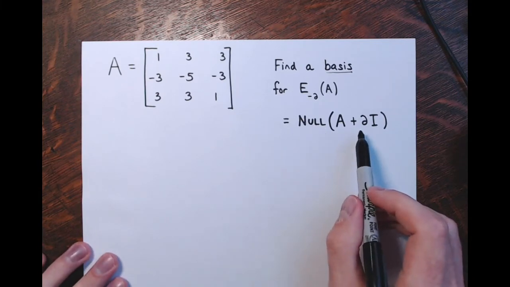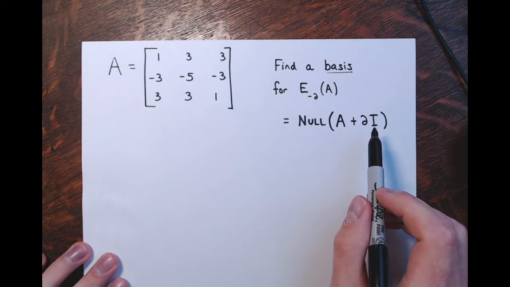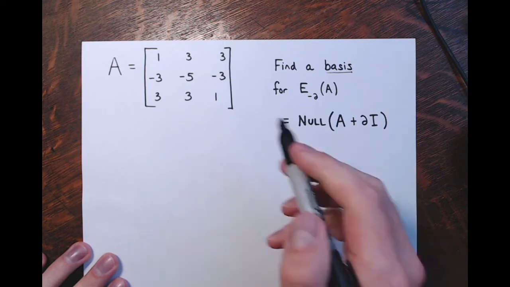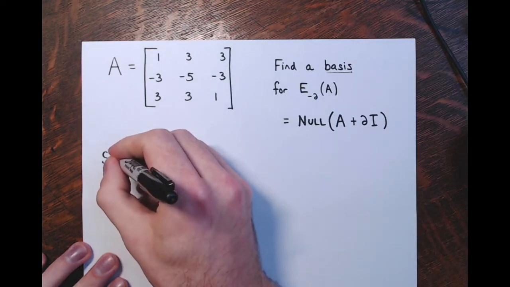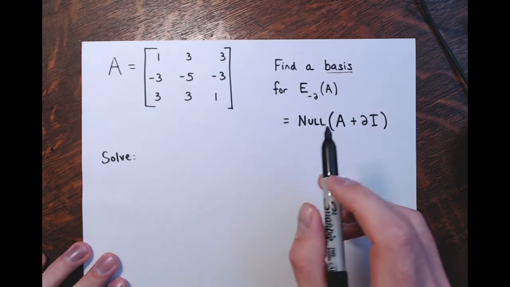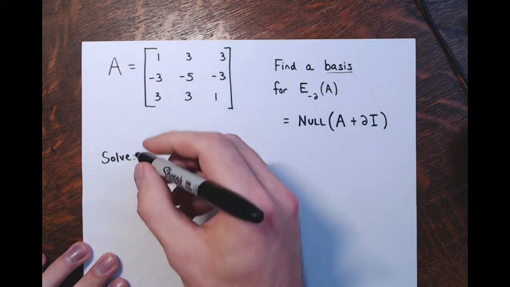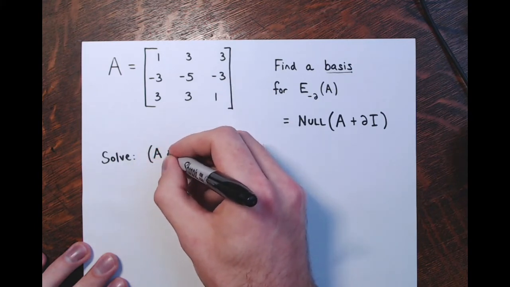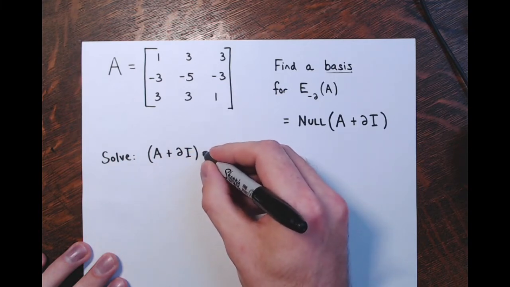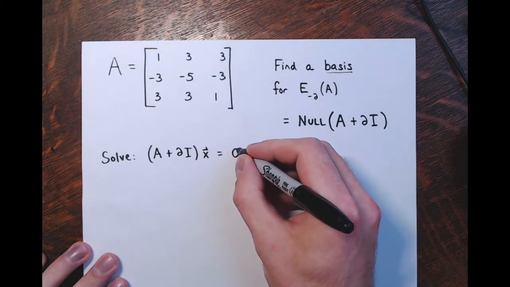Well, if I want to find the null space of A plus 2I, aka the eigenspace of A corresponding to lambda equals -2, we're going to be finding the solutions of this equation. What vectors can I multiply A plus 2I by to get the 0 vector? So we're solving A plus 2I, that's the A minus lambda I, times x equals the 0 vector.